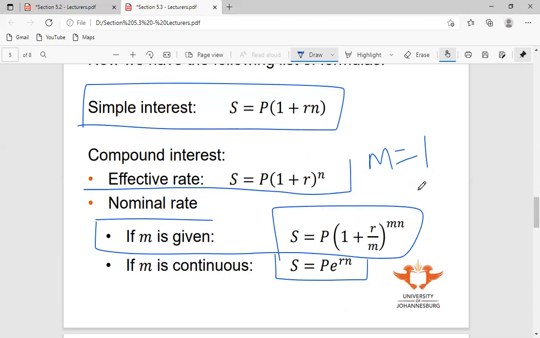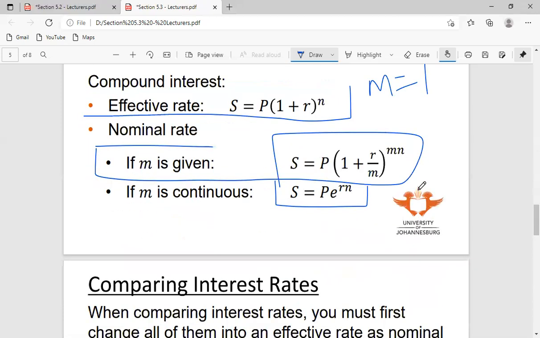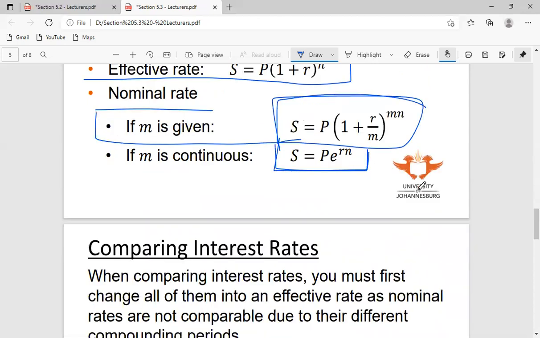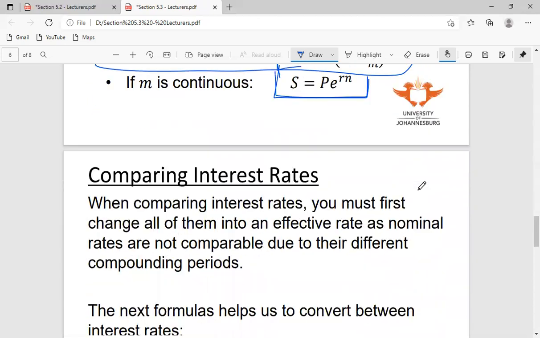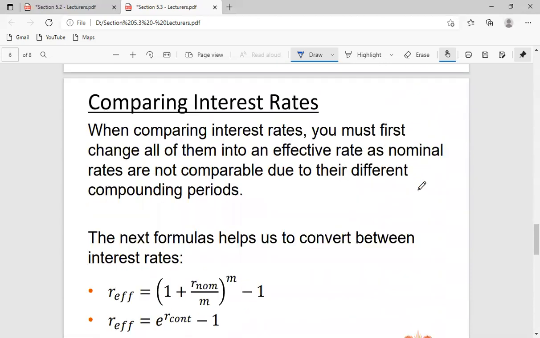Once you see the word effective, you think of compounded annually. Once you see compounded quarterly or semi-annually or at a nominal rate, then you think of this other formula. So don't get confused between the formulas.